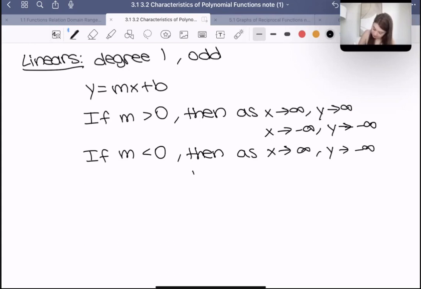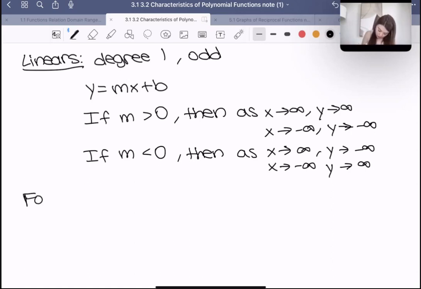And also as x approaches negative infinity, y approaches positive infinity. So they've swapped here. Now let's make this infinity sign look a little bit better. Beautiful. Okay. Now, this can actually be generalized, as I was saying before, to all odd polynomials.